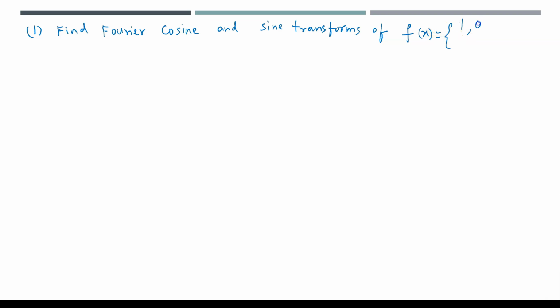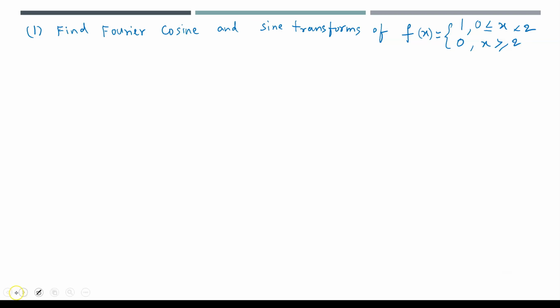So, first example is: find Fourier cosine and sine transforms of f(x) equal to 1 when 0 is less than or equal to x less than 2, and 0 when x is greater than or equal to 2.